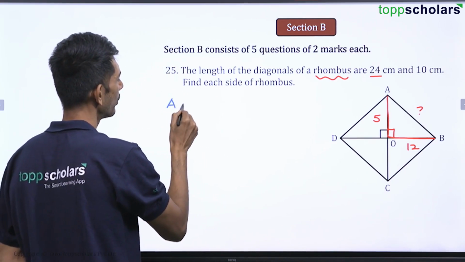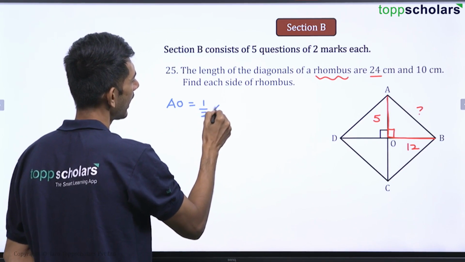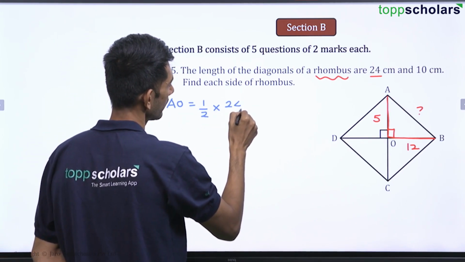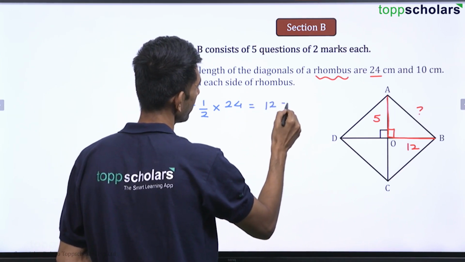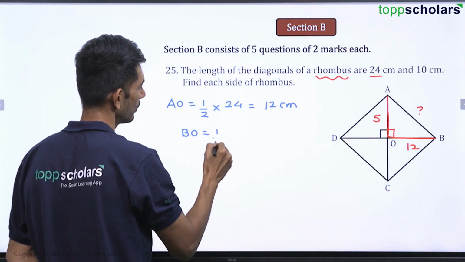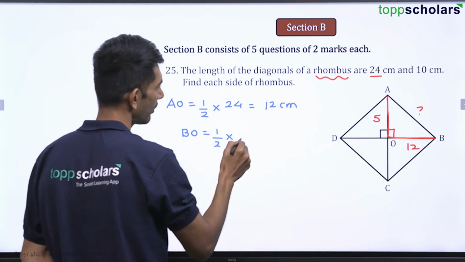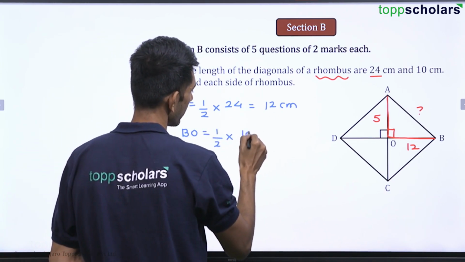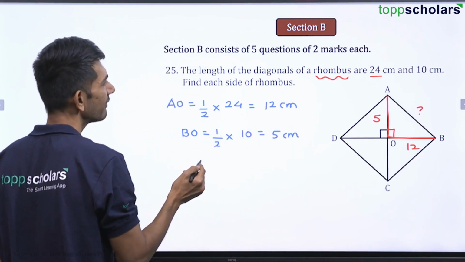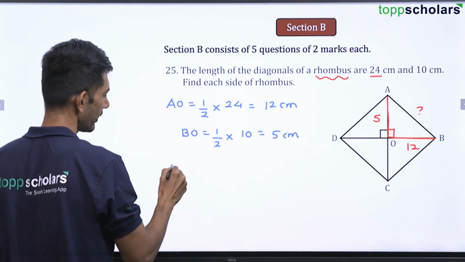So AO is equal to half of 24, that is equal to 12 centimeter, and then BO is equal to half of 10, which is 5 centimeters, and then we have AB square, right?